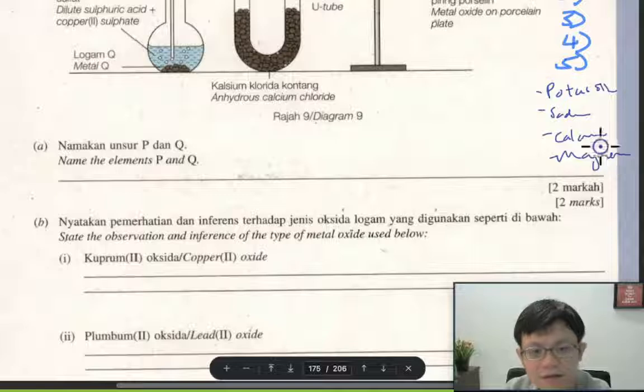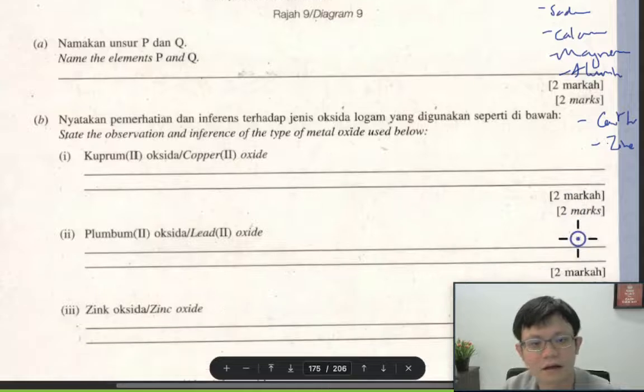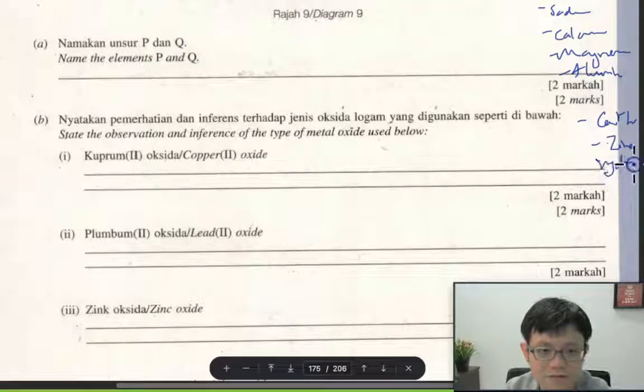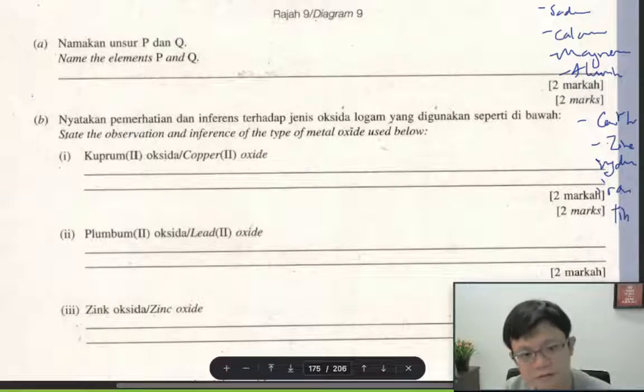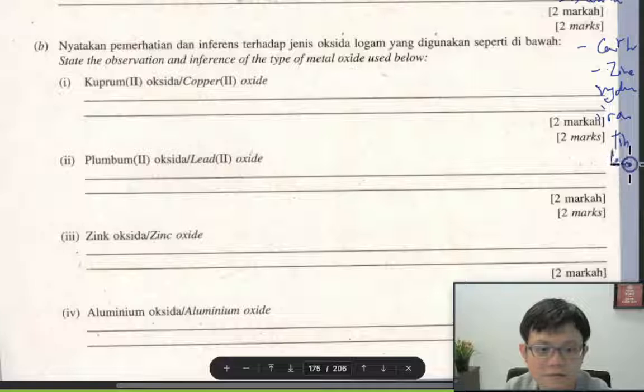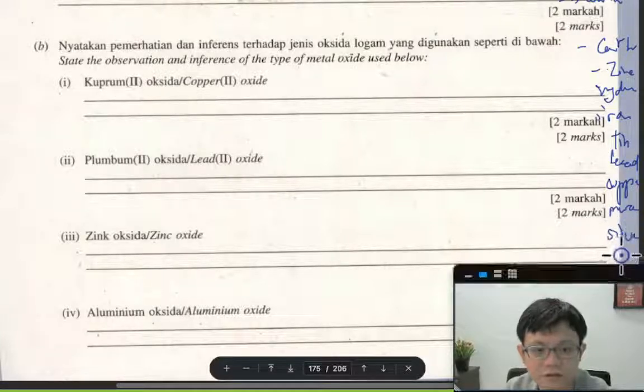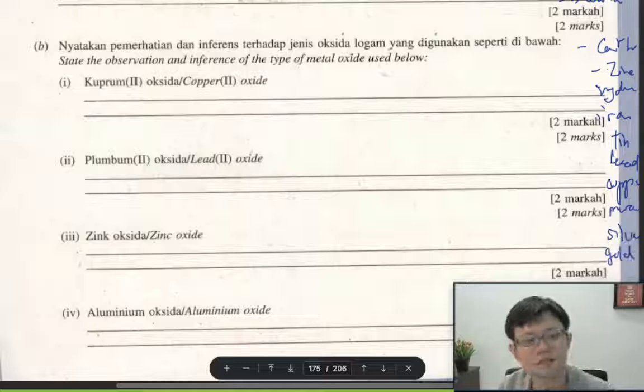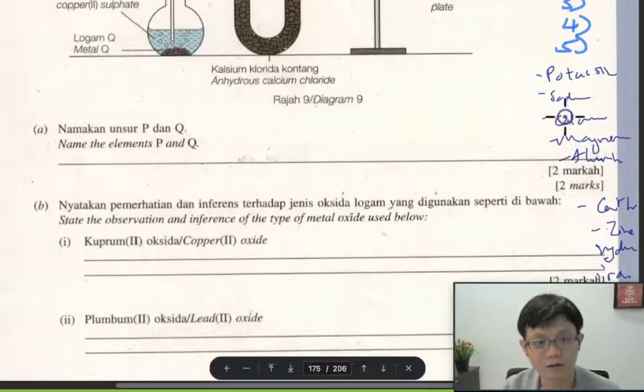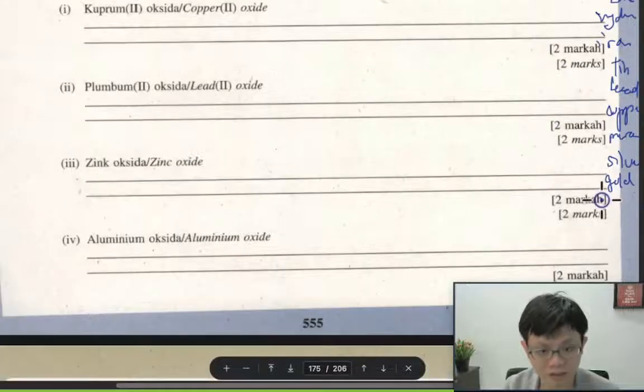Magnesium, then aluminium, then carbon, then zinc, then hydrogen, iron, tin, lead, copper, mercury, silver, gold. Yep.